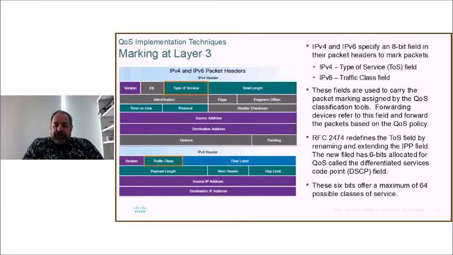RFC 2474 redefines the type of service field by renaming and extending the IPP field. The new field has 6 bits allocated for QoS called the differentiated services code point. These 6 bits offer a maximum of 64 possible classes of service.